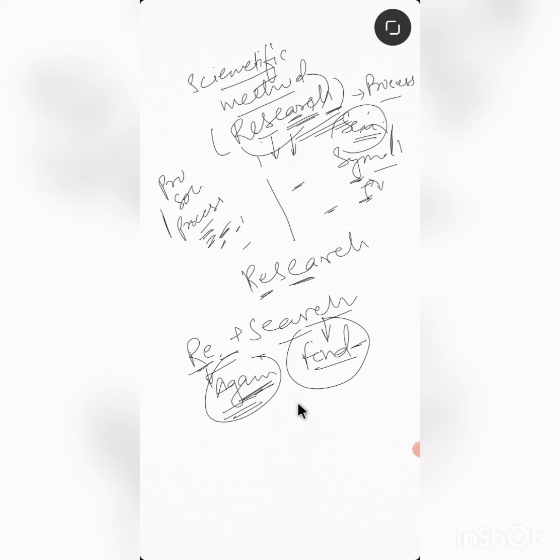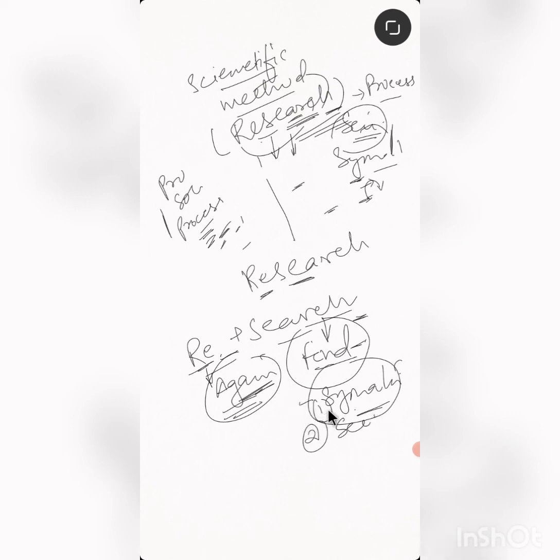As I already said, research is a systematic method or systematic process. It means this is one property, systematic. The second one is structural, or we say scientific. It's a scientific method or scientific approach.